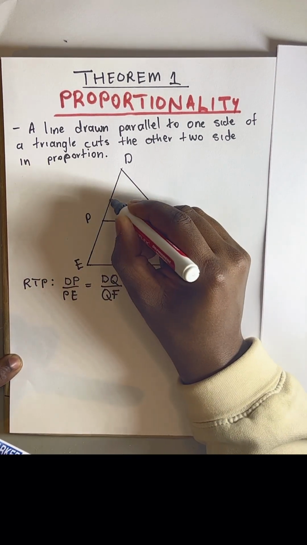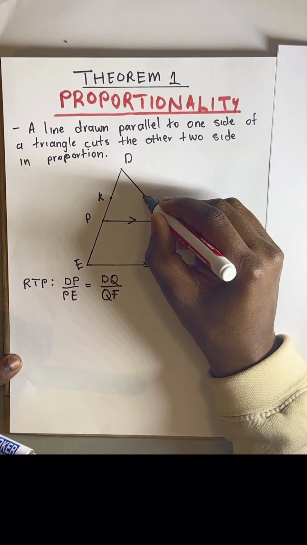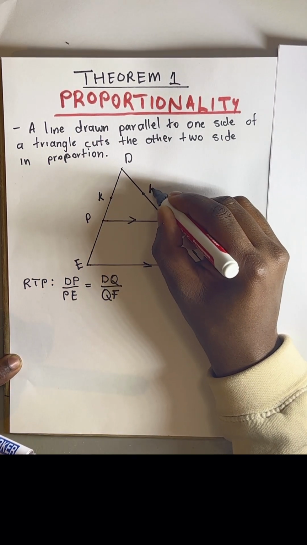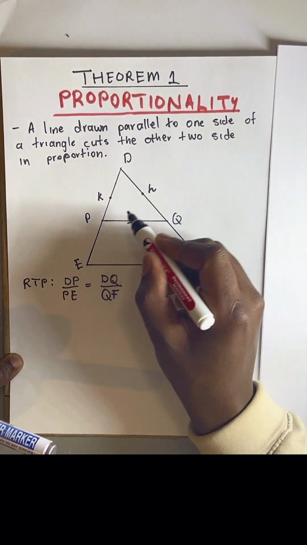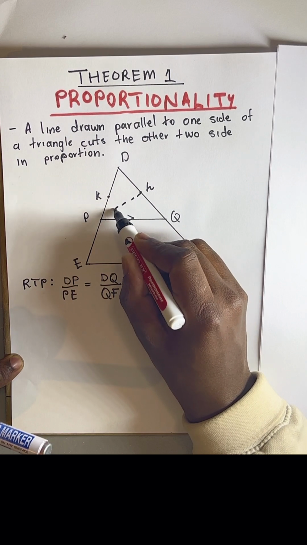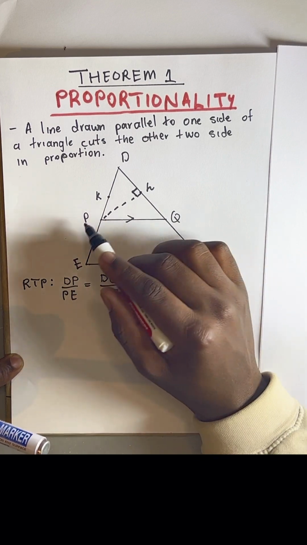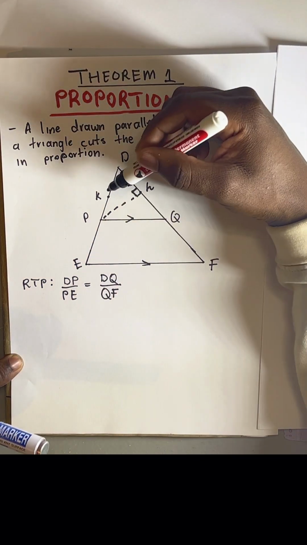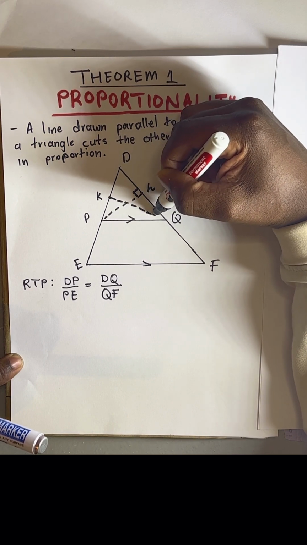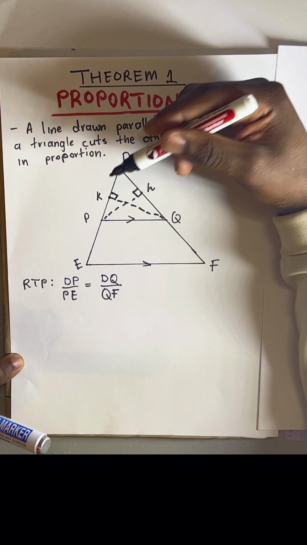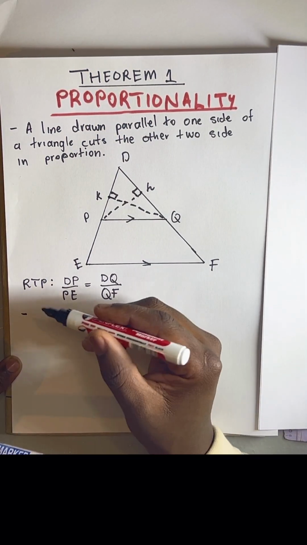Here you can name this side K, and also name this side, let's say, H. So in this triangle DPQ, you are going to construct your perpendicular height H. Similarly, on this side you are going to construct your perpendicular height K.